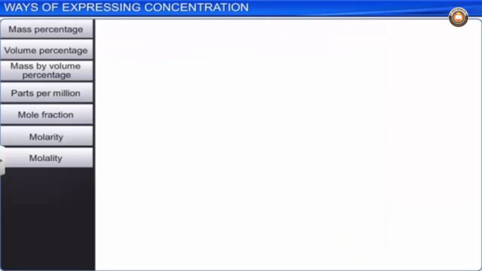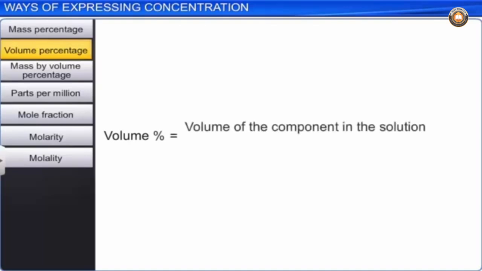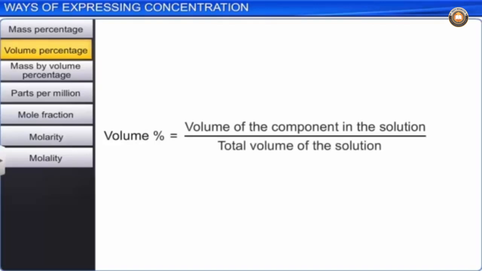Another way of expressing concentration in percent is volume percentage or volume by volume percent. The volume percentage of a component in a solution is defined as the volume of the component divided by the total volume of the solution multiplied by 100.